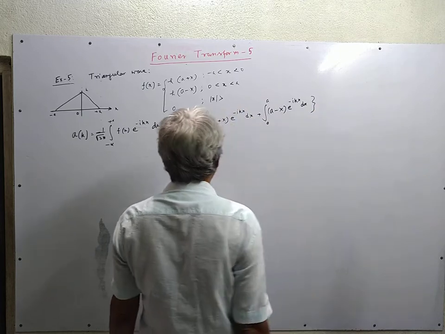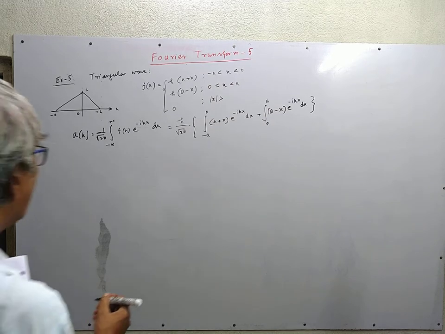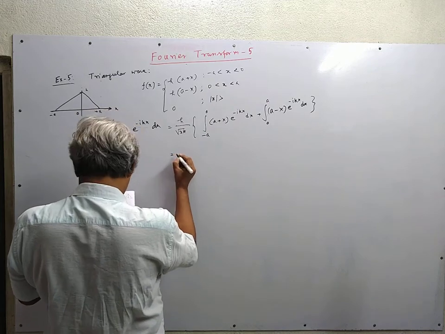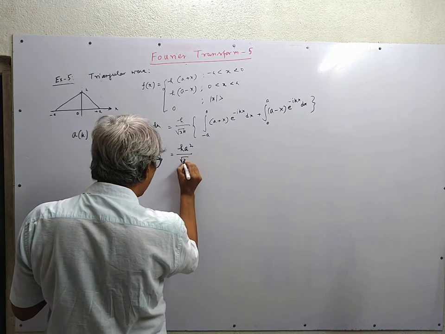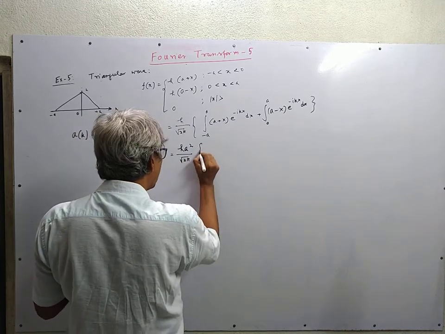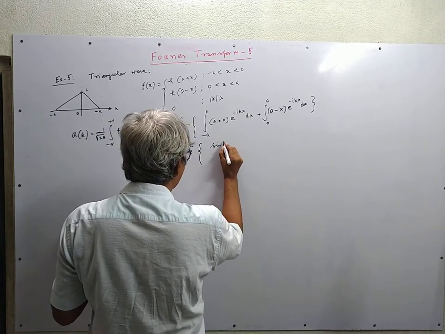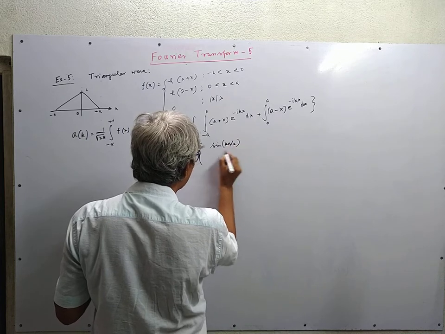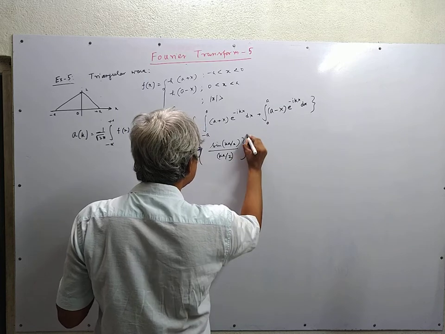So there are many terms involved, and if you go on calculating correctly, ultimately one lands up with h squared upon root 2 pi. As I have said, I am skipping the actual calculation, the manipulation. This is the function.